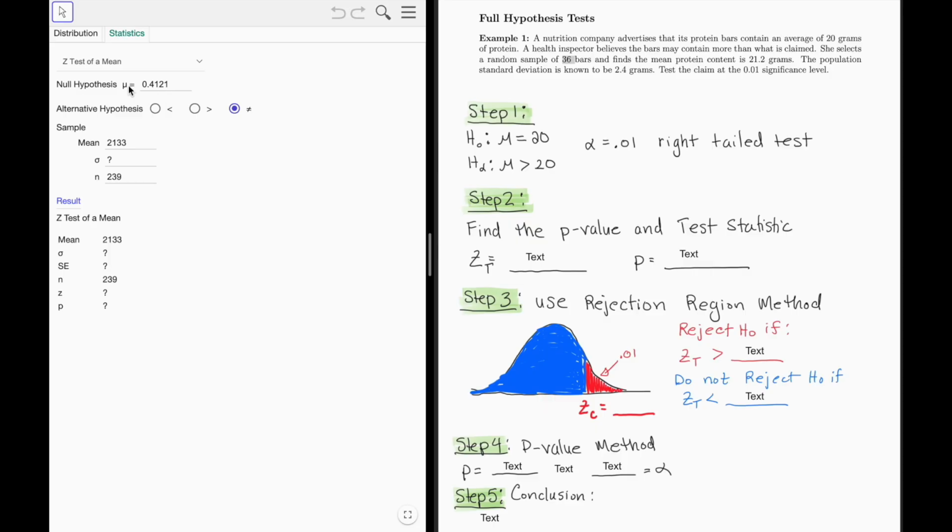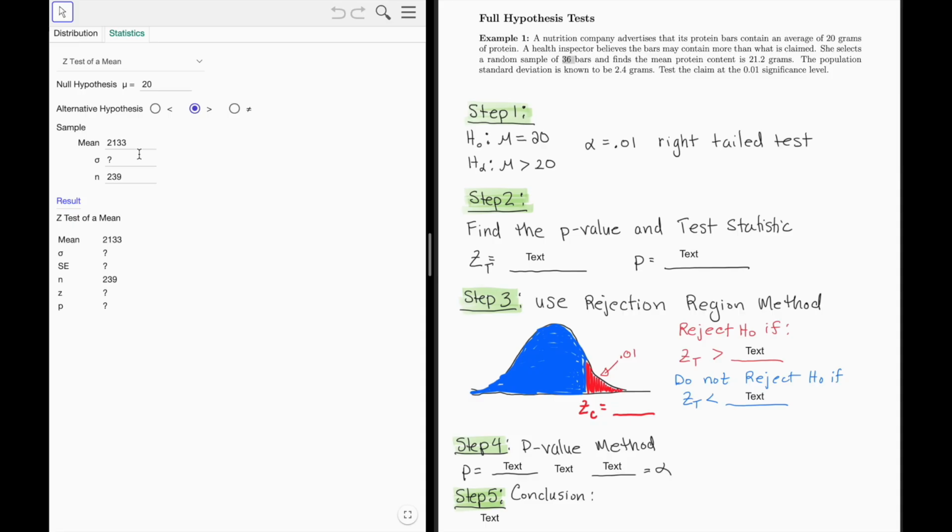For the null hypothesis, I'm going to put in our claimed value, so mu is equal to 20. For the alternative hypothesis, we're doing a test to see if it's greater than 20, so I'm going to choose the center option, the greater than.